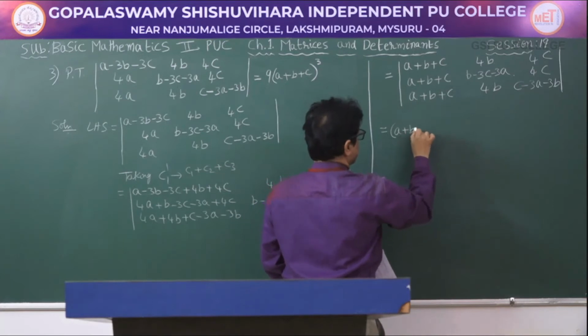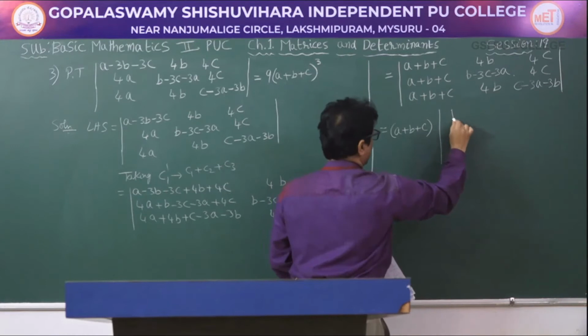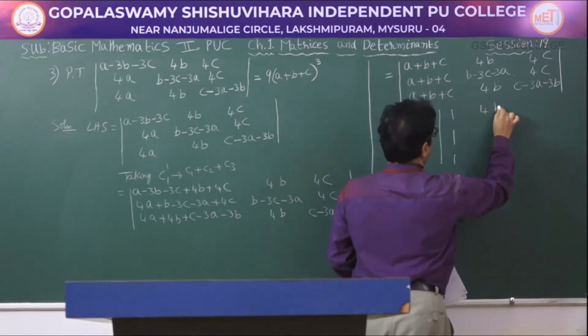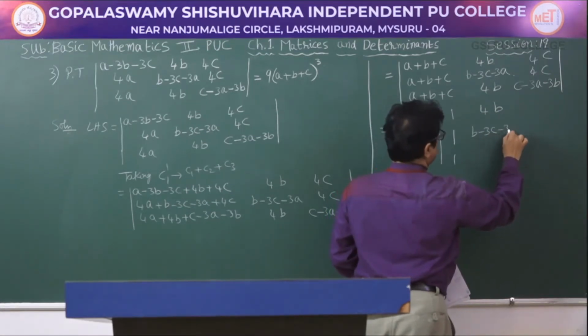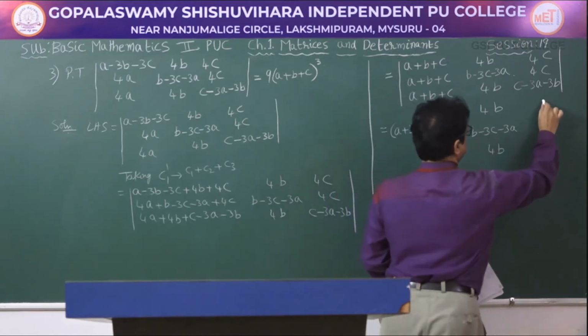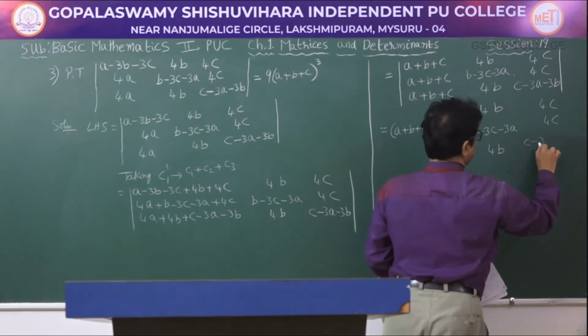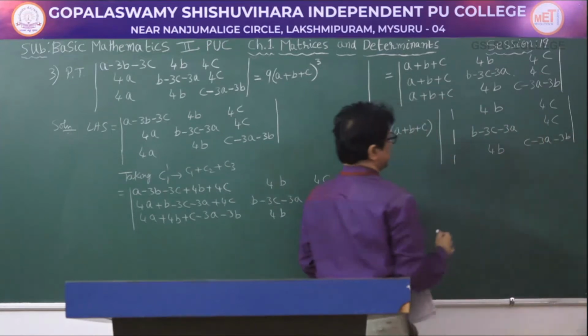So, A plus B plus C, if we take common from the first column, we have 1, 1, 1. Then 4B, B minus 3C minus 3A, 4B, and 4C, 4C, C minus 3A minus 3B.